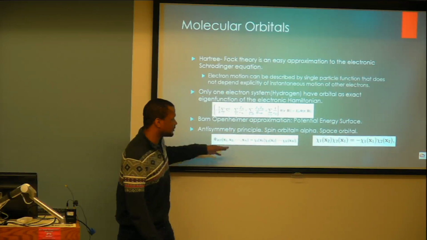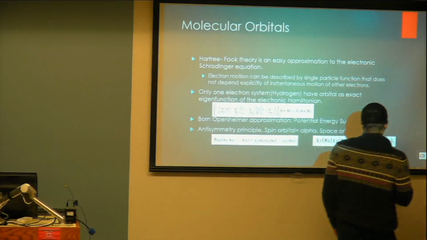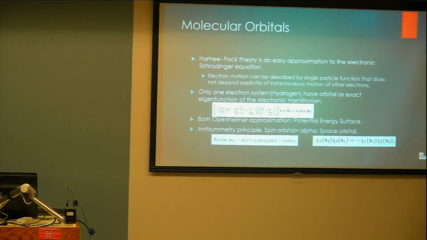In the case of two electrons, the anti-symmetry principle tells us that when we swap the electrons, the wave function is going to turn negative.